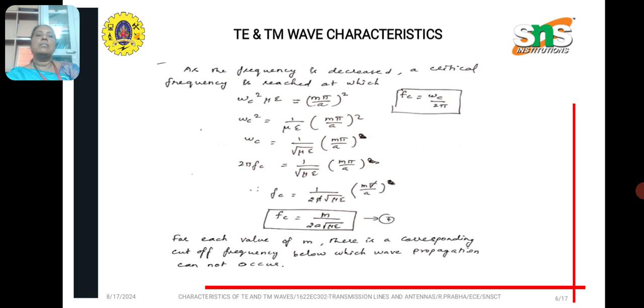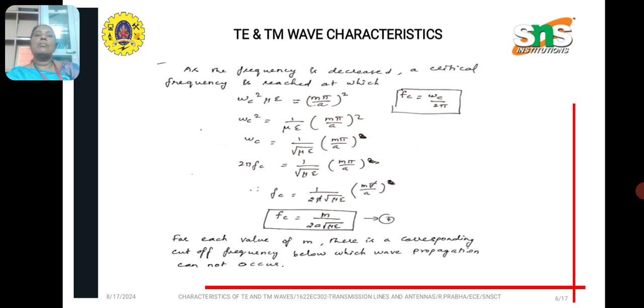What happens is, when the frequency is decreased, the critical frequency is reached at which both the values are equal, because at the critical frequency there is no wave propagation, gamma is equal to 0. So since gamma is equal to 0, we can write omega square mu epsilon equal to (m pi by a) the whole squared.